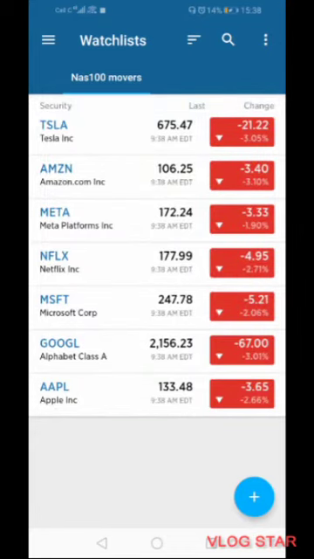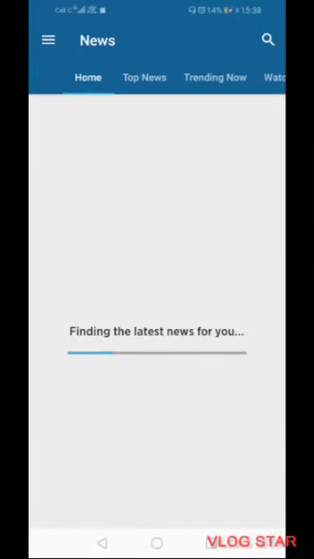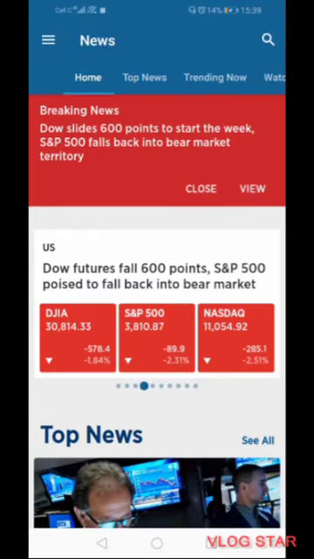So while we're at it, guys, this list, I don't know if I can find anything here on the news to tell you why this list has changed. The list of NASDAQ movers has changed. Why? Because the stock market right now is crashing. So hence the company that was number one is no longer number one.